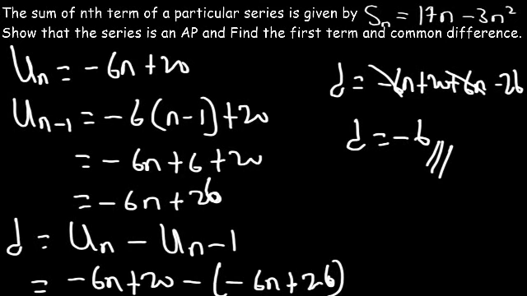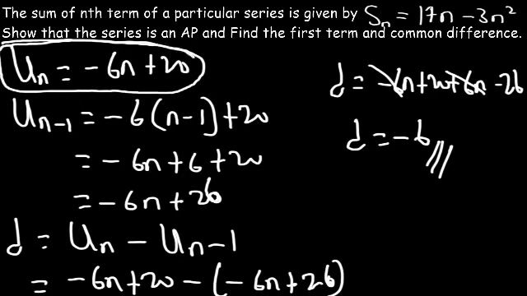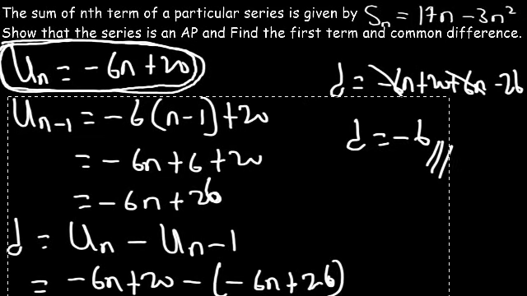Now the next step is to find the first term. To get the first term, we will be using this formula by just substituting 1 as n. The first term is when n is equal to 1. So that can help us to get the value of a.